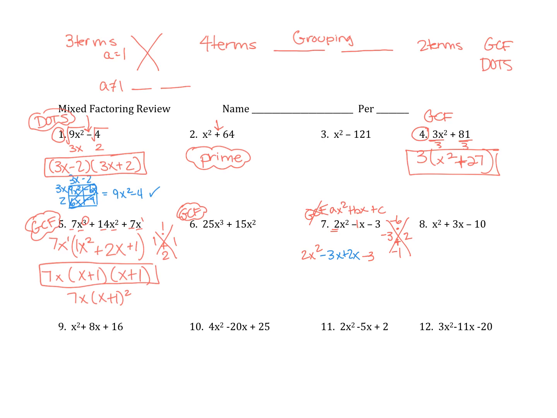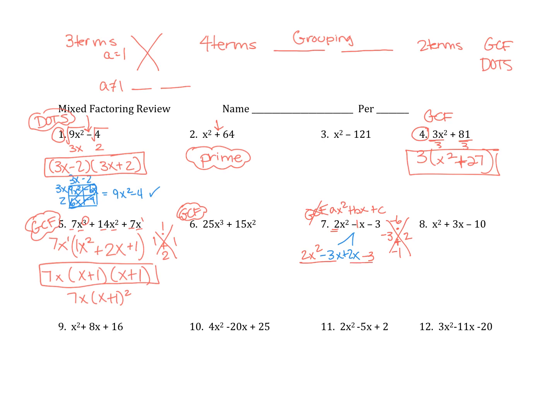I could do positive 2x minus 3x, or I could write them how I did. But remember, both those are equal to my -1x. I haven't changed my problem. I've just changed it into 4 terms. So, however you have it set up, I'm going to underline the first 2 and the last 2.